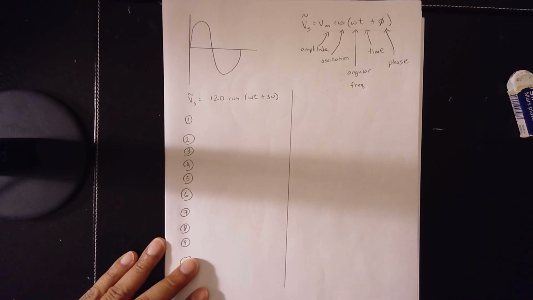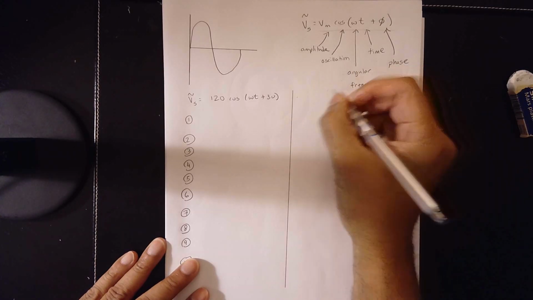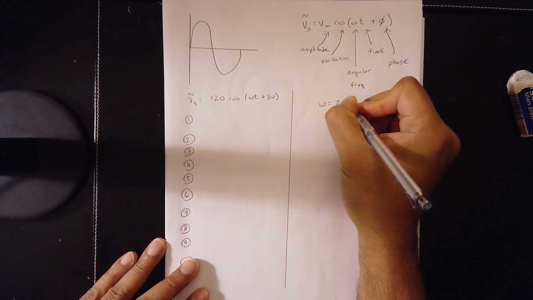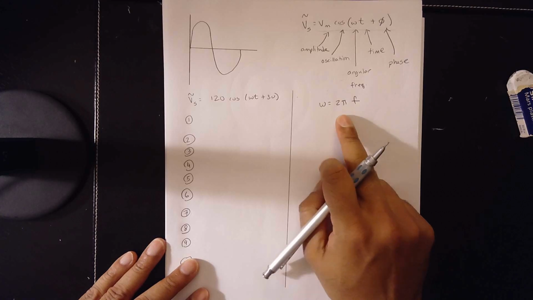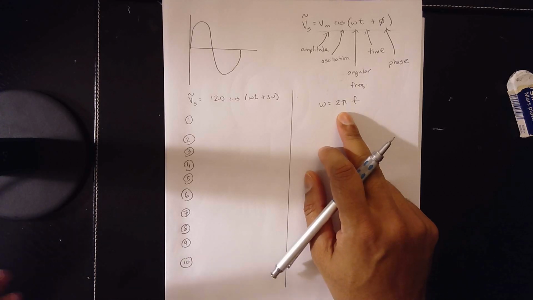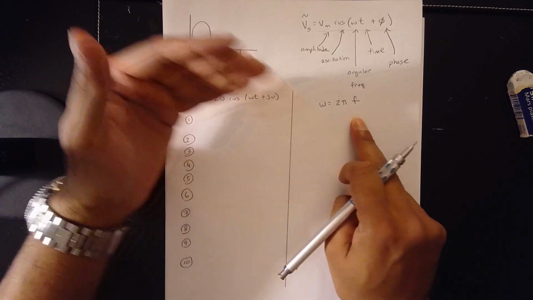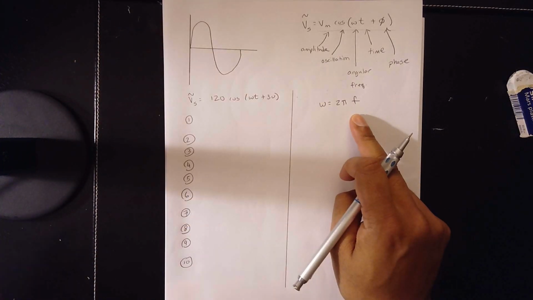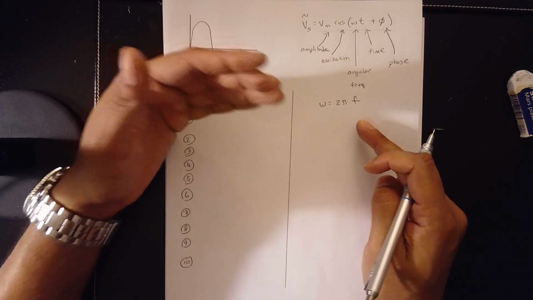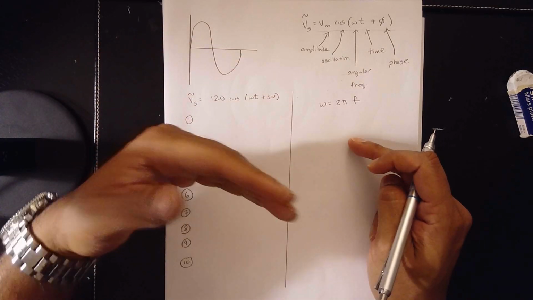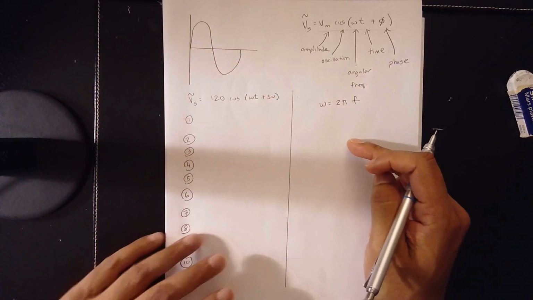So how do we do that? Omega, your angular frequency, is equal to 2 pi f. Anytime you have a pi, it means it's moving something in a curve, curving out some sort of line. So f is frequency, it's linear, and pi is simply moving it into an oscillation form, moving in a circle.